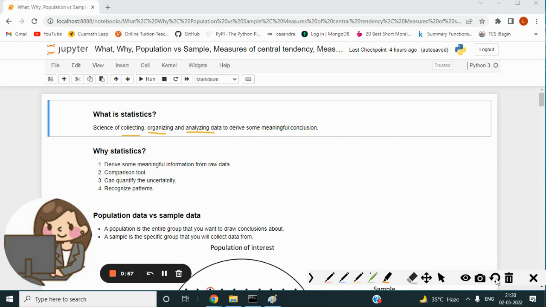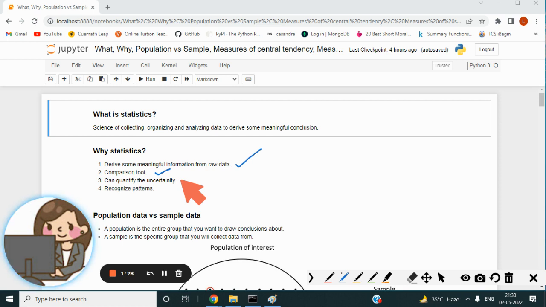So why do we need statistics? It helps us to derive some new meaningful information from raw data. It serves as a comparison tool: if there are multiple data sets available to us, how do these data relate to each other? It can quantify the uncertainty. Something like, there is a chance that some event can occur.